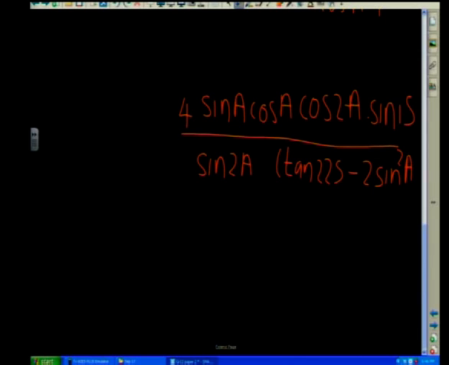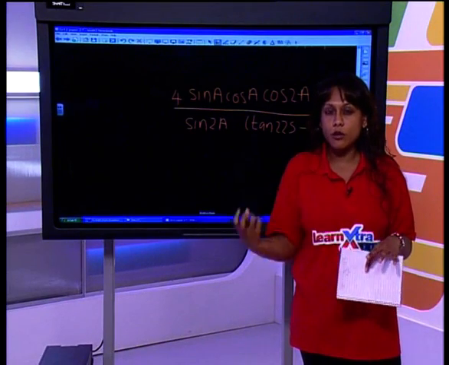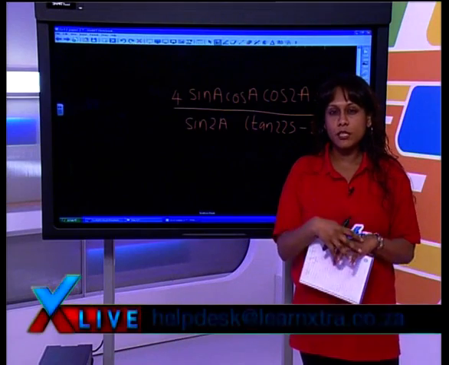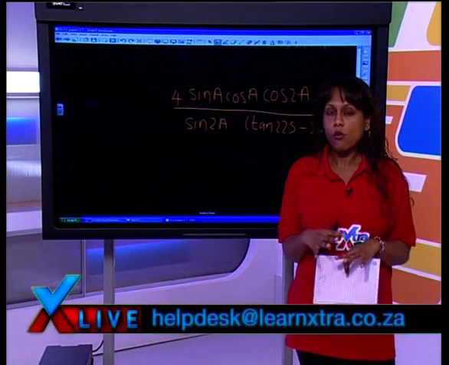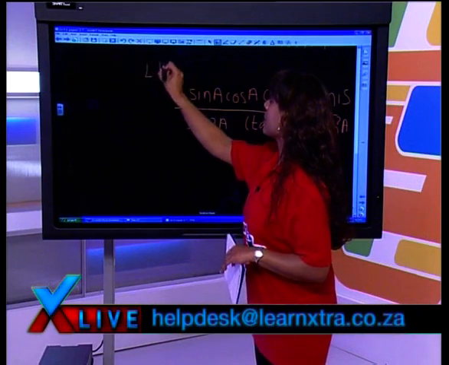But remember, whenever you're dealing with an identity, you want to start with the side that has the most information, the side that you can manipulate the most. And in this case, the side with the most information and the side that we can work with a lot more is the left-hand side. Okay, so this is the left-hand side of the expression.